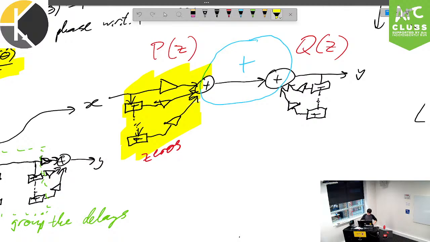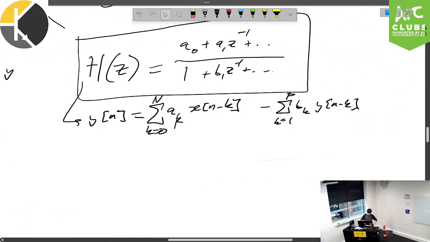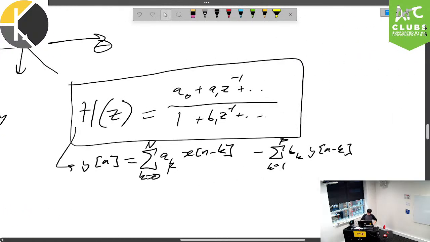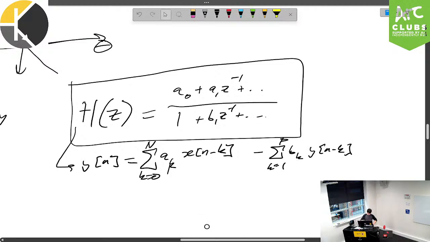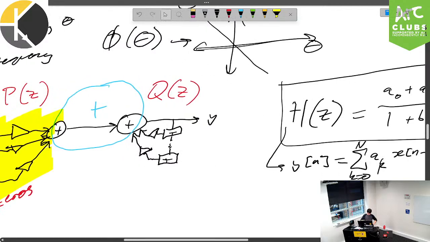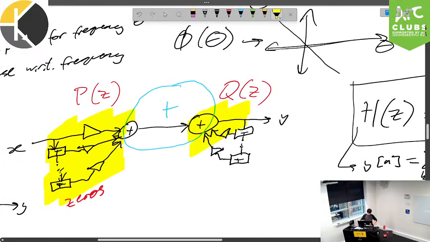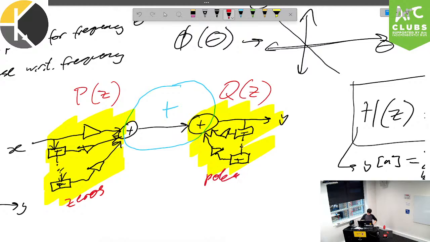And likewise, by defining things this way, we observe the poles are given purely by the y coefficients. So this section over here relates purely to the poles, okay?